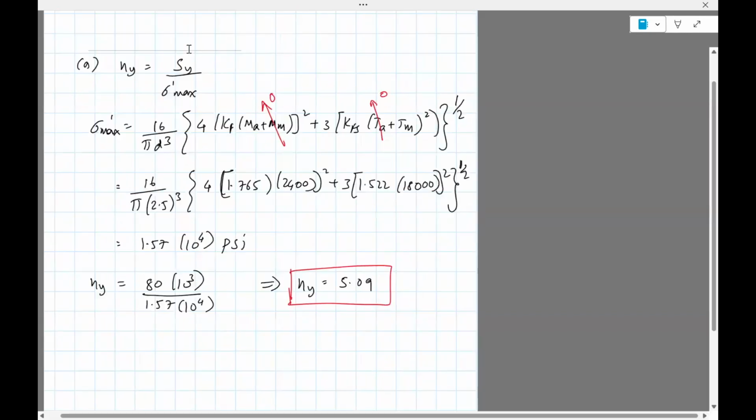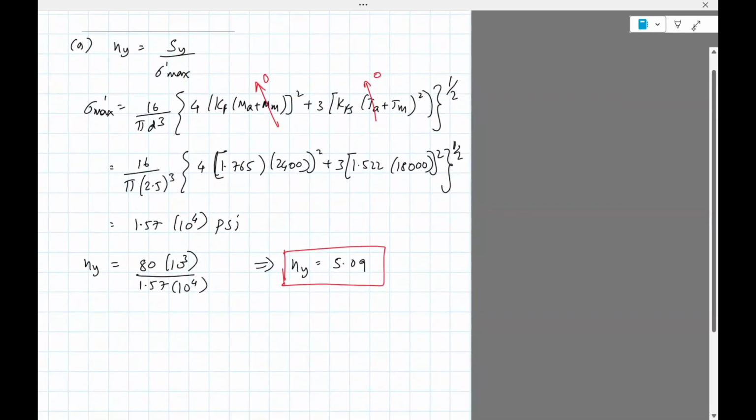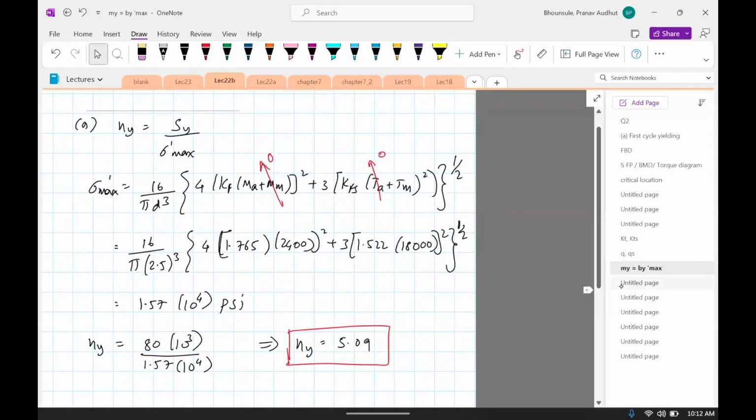Okay, and this is part A. Part B, again, there's a long formula.